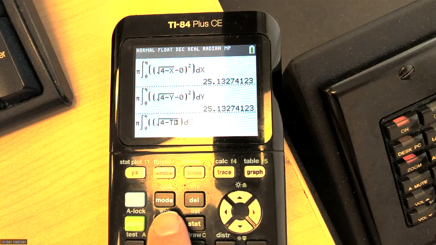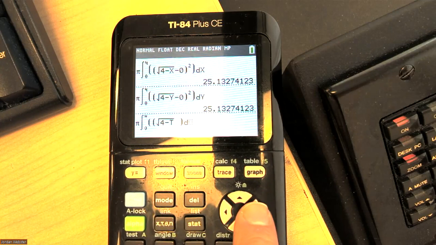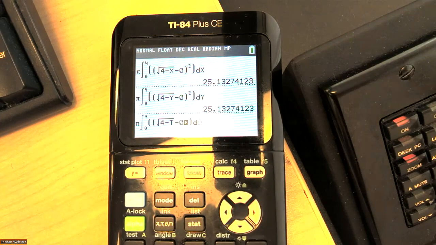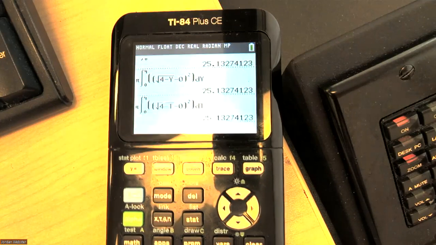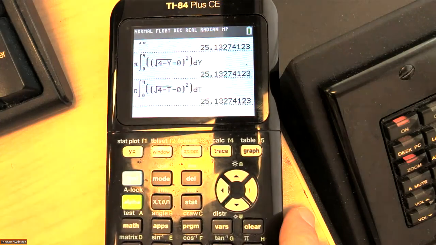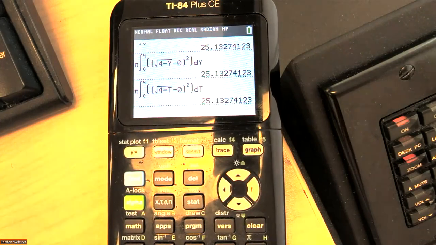In parametric mode, the variable is t. I know that's busy, but notice every time you get the same thing, no matter what letter you choose.